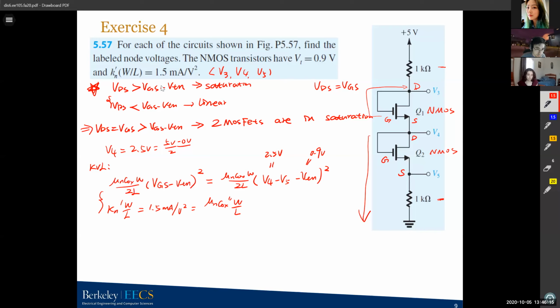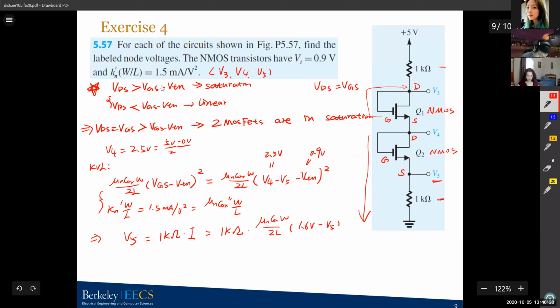So let's do the KVL. V5, the voltage here, will be 1 kilo ohm times the current I. And the current is mu n Cox W over 2L times 1.6 volts minus V5, squared.